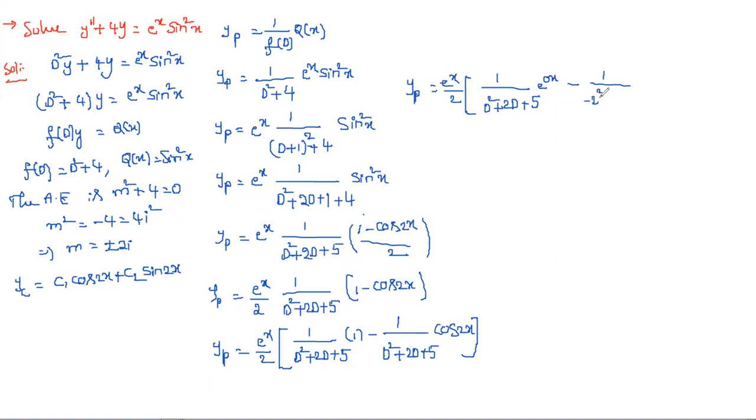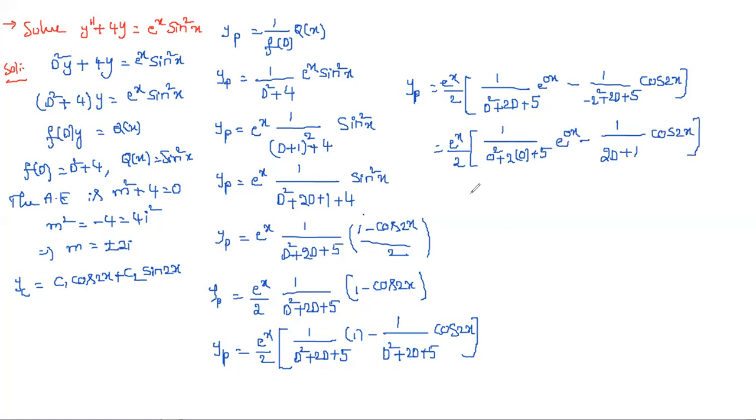So minus 2 squared plus 2D plus 5 into cos 2x. This is type 1: in place of D you substitute the x coefficient. So here 0 squared plus 2 into 0 plus 5 for e^0x, minus 1 by 2D, minus 4 plus 5, which is plus 1, into cos 2x.